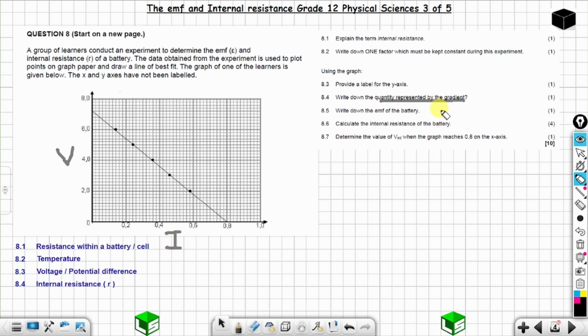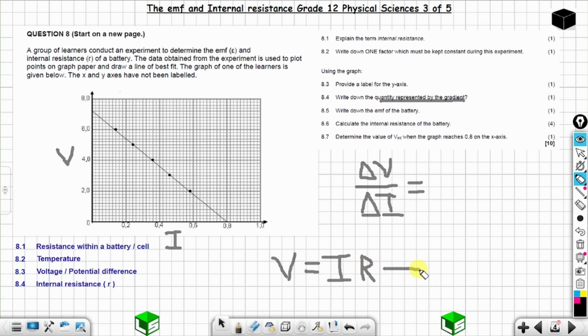To find the gradient, you have change in the y, and in the y you have voltage, over change in the x. In the x you have current, change in the current. So this is equal to, remember this formula from Ohm's law: voltage is equal to the current times resistance.